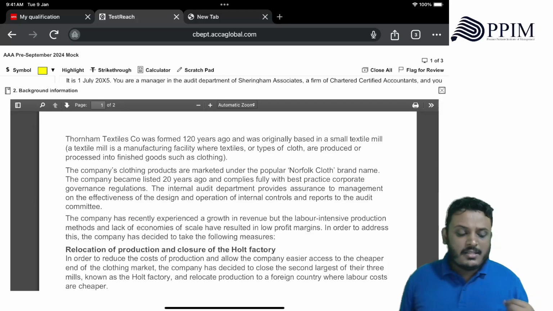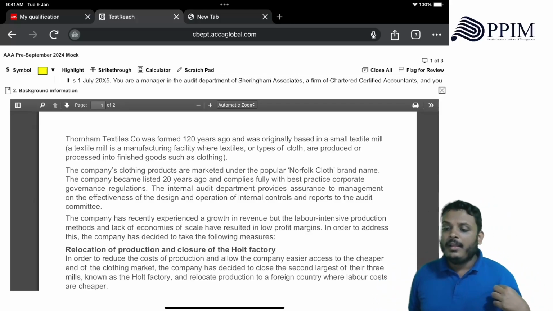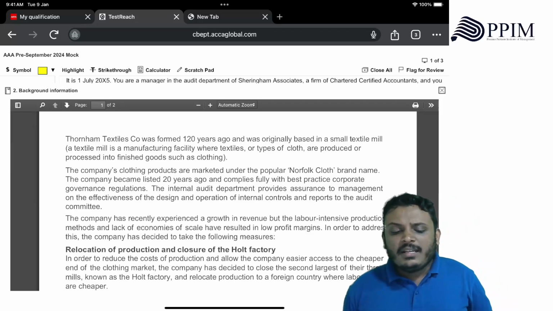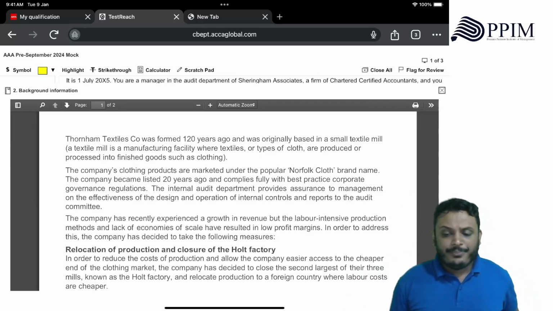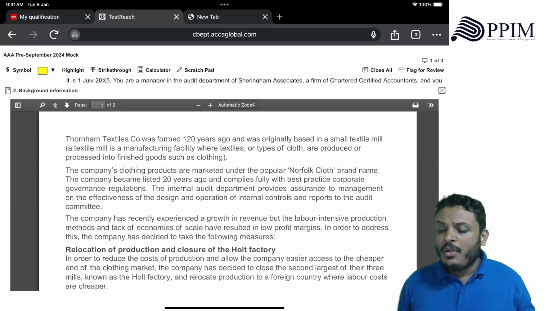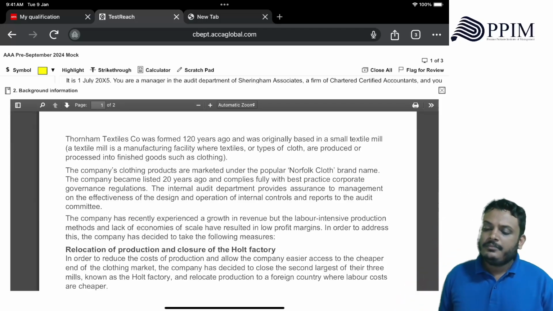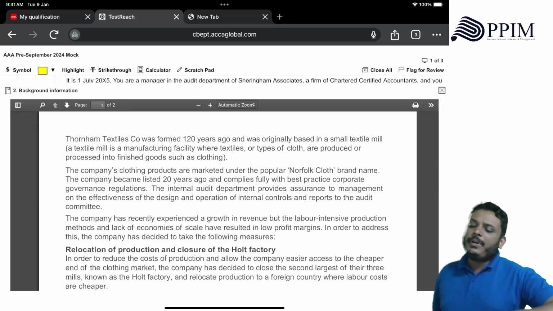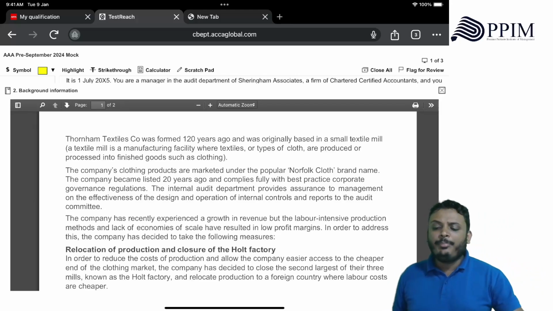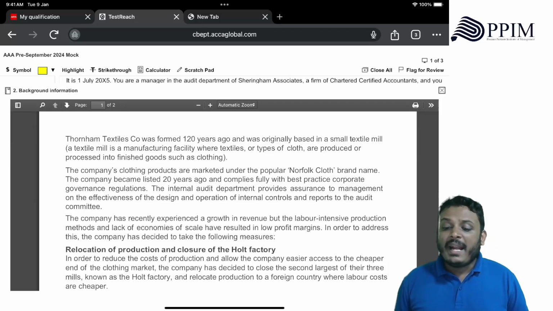Now let's see here. The textiles company was formed 120 years ago and was originally based in a small textiles mill. A textile mill is a manufacturing facility where textiles or types of clothes are produced or processed into finished goods such as clothing. The company's clothing products are marketed under the popular Norfolk Cloth brand name.